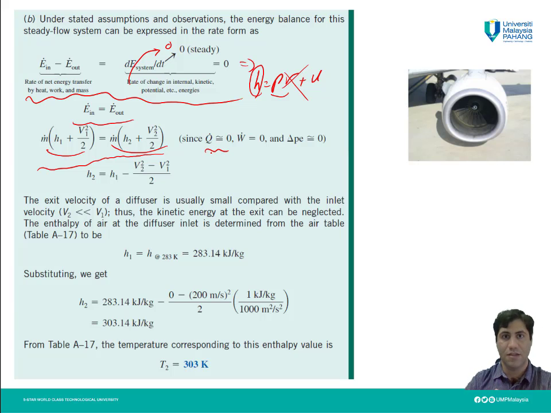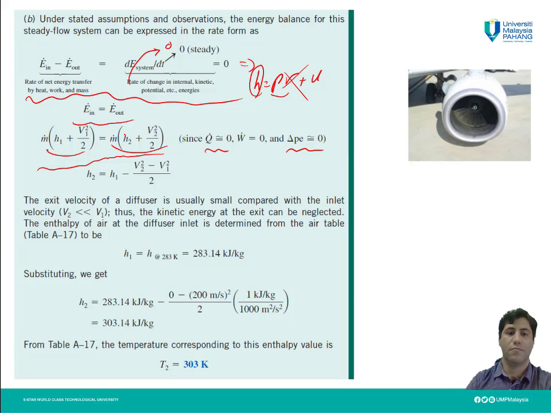At least we assumed that we don't have any heat transfer to or from the control volume, so Q dot equals 0, no work rate, and also we assume that the change in the potential energy of the flow in the diffuser is 0. All of these are according to our assumptions. So we have only enthalpy and kinetic energy at the entrance and at the output of the diffuser.